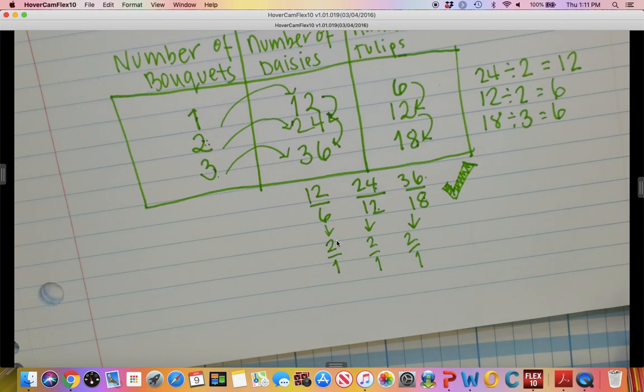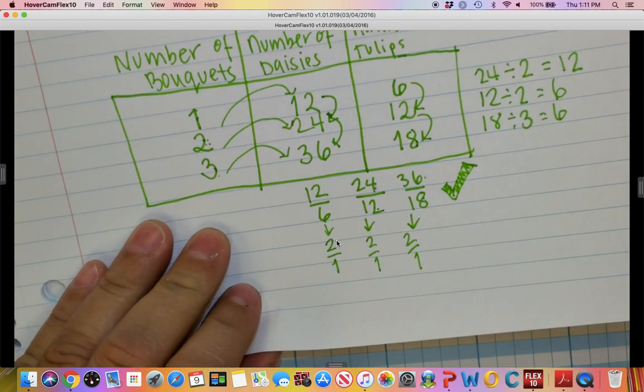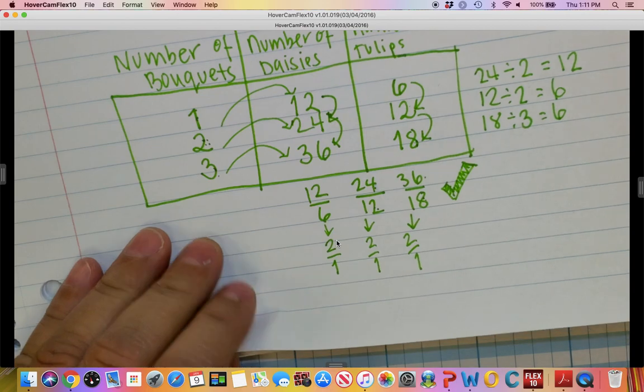One more thing I want to go over with you is sometimes there will be more than 2 numbers, and I have to move my paper because I'm out of room. And we'll have 3 numbers. And those 3 numbers have to be equivalent as well.